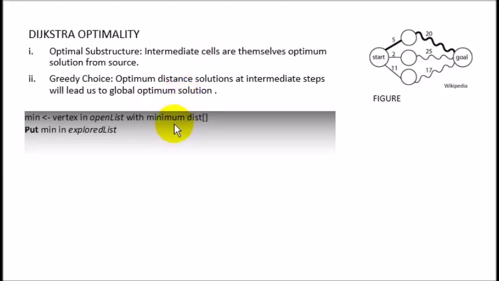Like here, at each iteration we try to find the vertex having the minimum distance. At that particular time, it may not lead to the global optimum, but at the termination of the algorithm, we are guaranteed to have a global optimum.